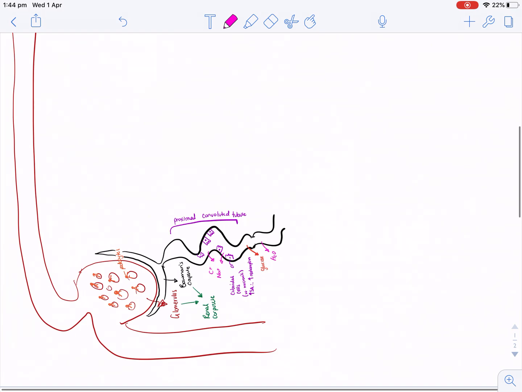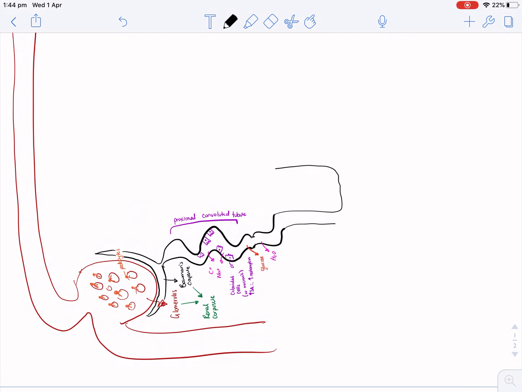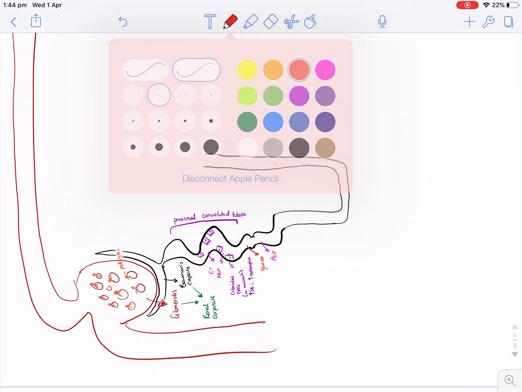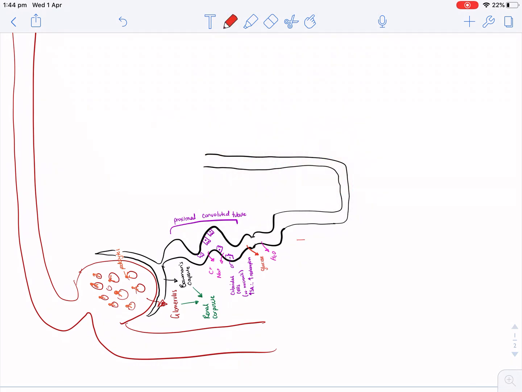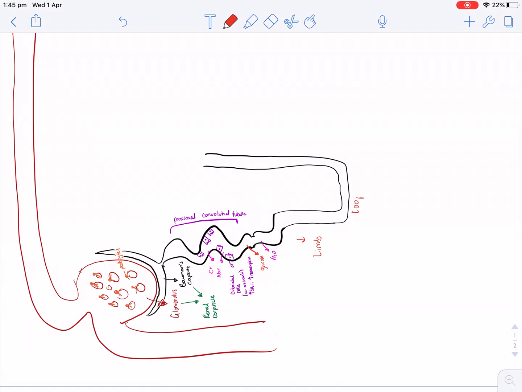So now we get to the next part of the nephron, which is the loop of Henle and the descending and ascending limbs. So here, we have the descending limb, we have that loop of Henle, and here we have the ascending limb.